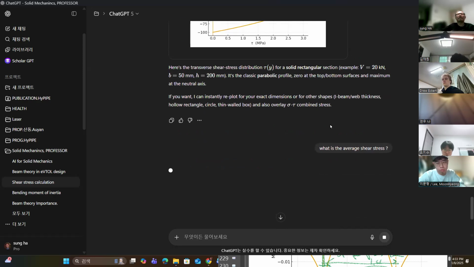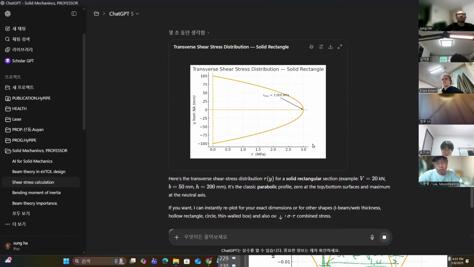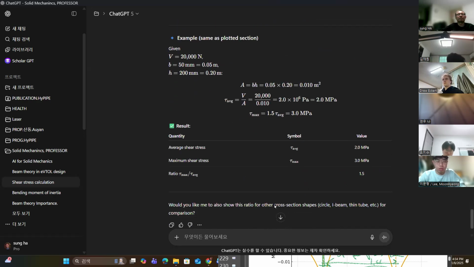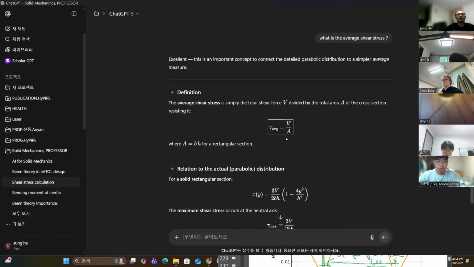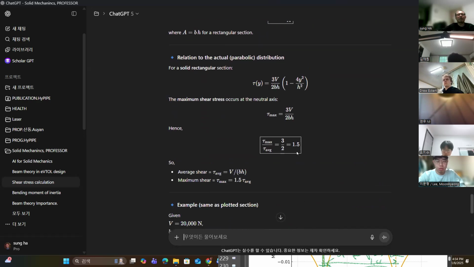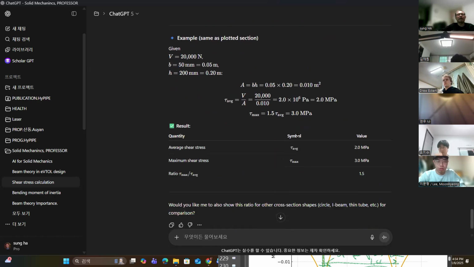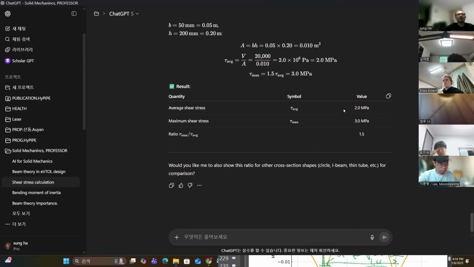I'm sure you will say the average will be 2 megapascal, because the maximum is 3 and it is 1.5 times the average. This is exactly what we learned: the average is V over A, the profile is parabolic, the maximum is 1.5 times the average, so the maximum is 3 and the average is 2 megapascal.